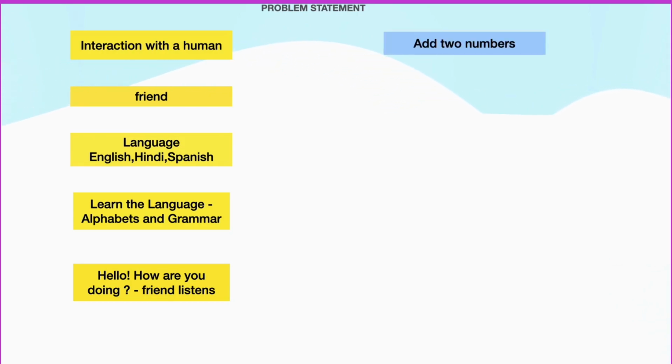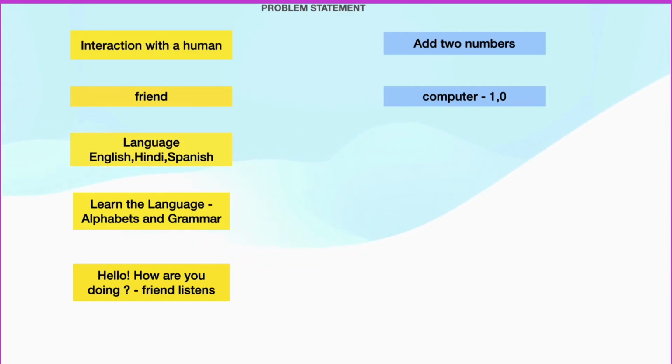Now, if we consider a real world problem, if I need to add two numbers, how can I do so? I need to take the help of a machine, which is a computer. Now the problem is that a computer understands the binary language, which is in terms of 1 and 0.